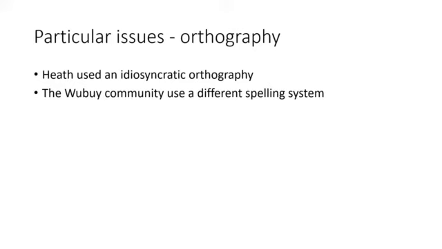The community use a different spelling system, which mainly came about as a result of people producing a translation of the Bible, but it's now used by people in the community if they want to write their language. We want to give the user a choice so that they can decide which of those orthographies they'd like to view material in. And I'll show you in a minute that we made it possible to switch.